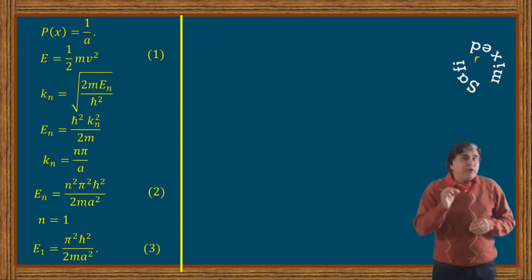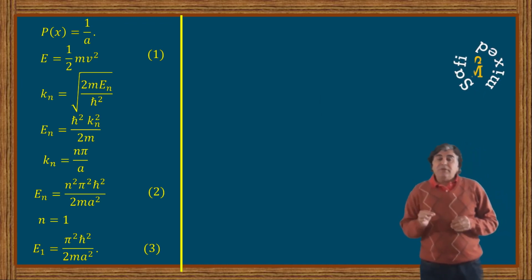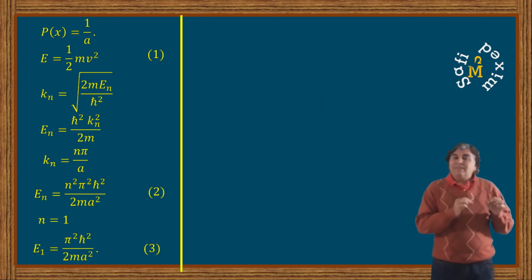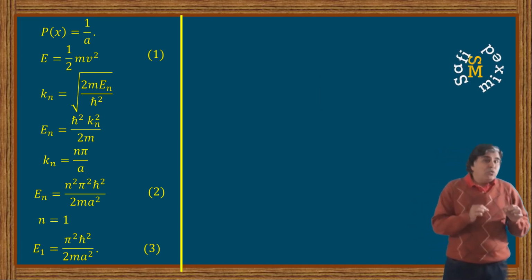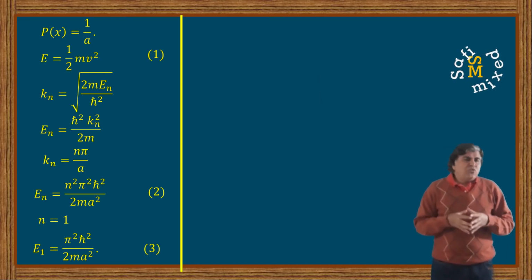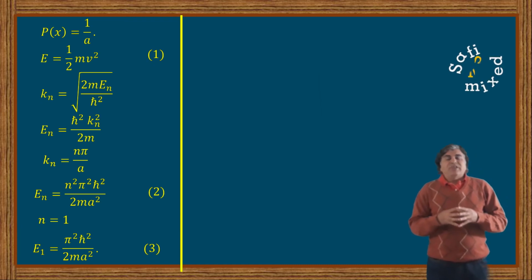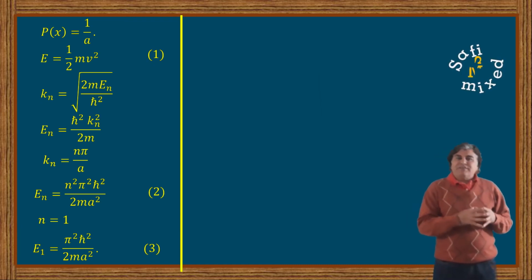With the information of position, according to the uncertainty principle, the momentum of the particle cannot be known with complete precision. This conclusion in fact prevents any possibility for the particle to be at rest.